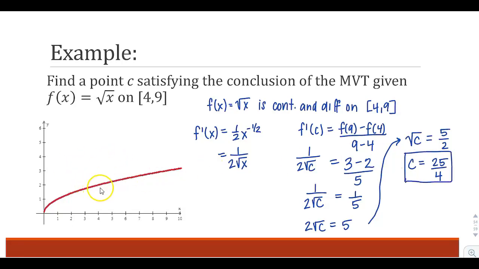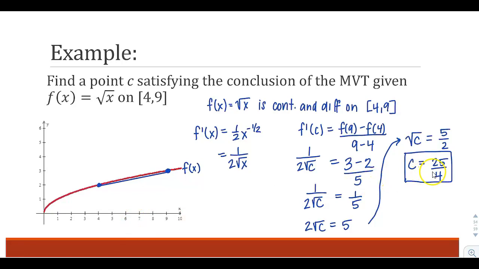Now let's take a look and make sure that it matches what's happening over here on the graph. We were looking at specifically between 4 and 9, and we want to make sure there's some place where the slope of the secant line, connecting those 2 points on the function f of x, is exactly the same as the slope of the tangent line.